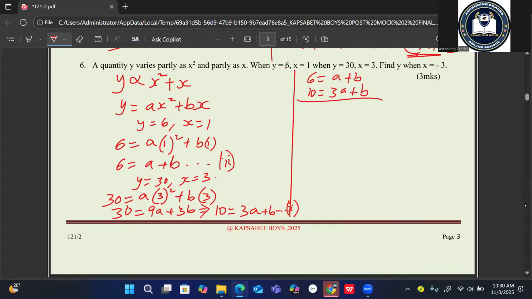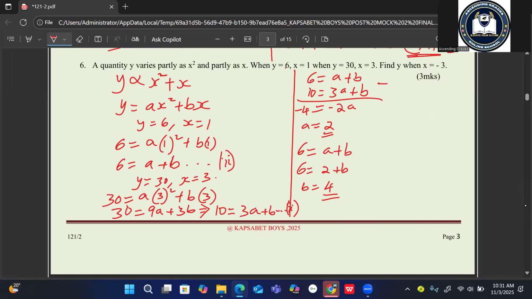So you can solve it using the elimination method. So we subtract: b minus b is 0. a minus 3a is -2a. Then 6 minus 10 is -4. So our a becomes 2. So we replace it in one of the equations. So 6 is equal to a plus b, but our a is 2. So 6 is equal to 2 plus b. So our b is equal to 4.